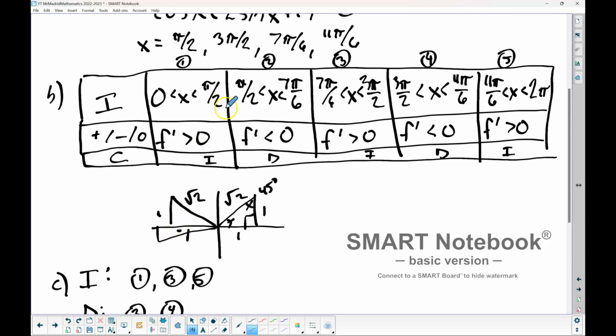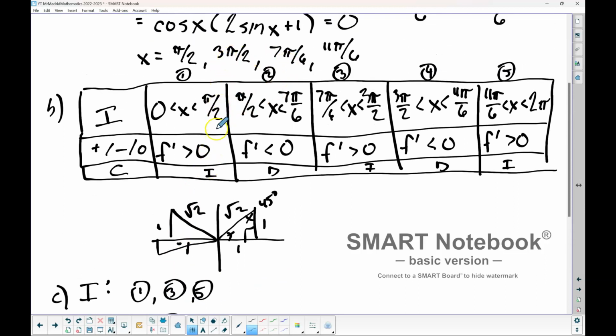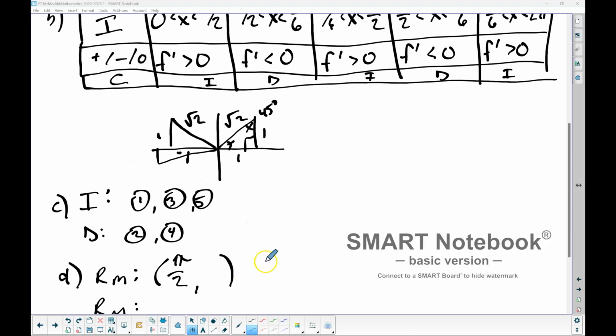Now let's go to the other one, 3 pi halves right here. What's happening? It's increasing and then decreasing, so that is also going to come up in here. We'll get the y coordinate here in a bit.